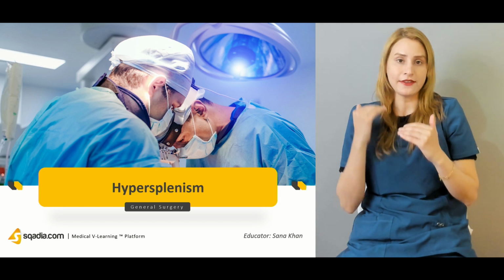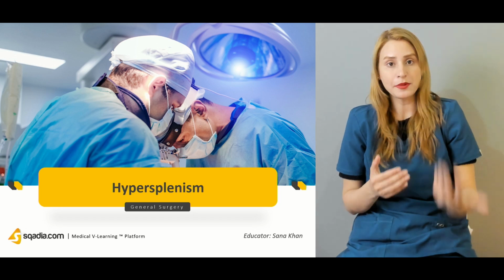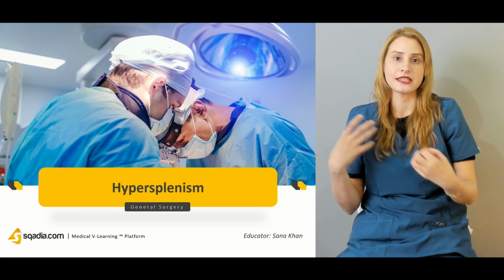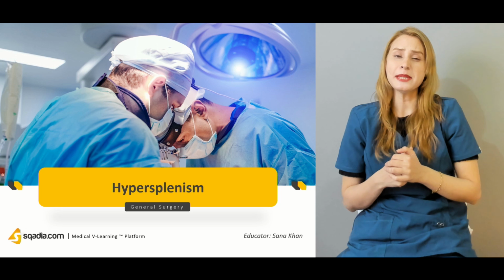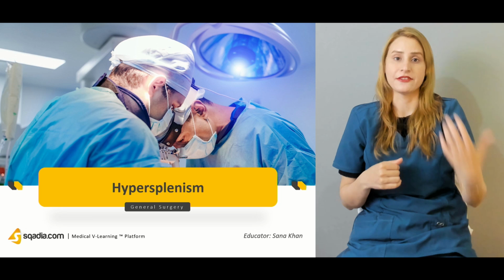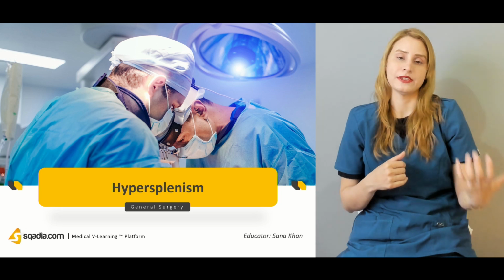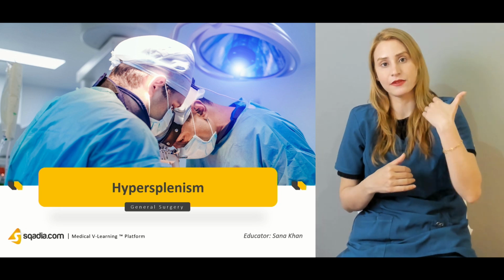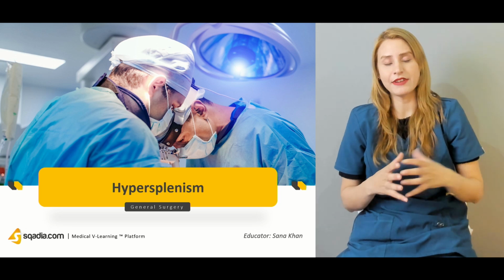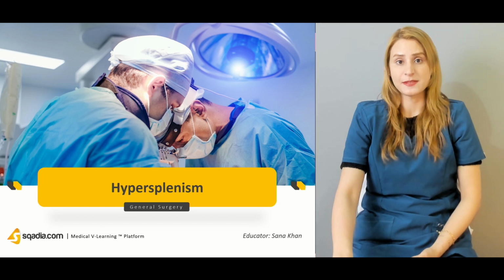So whenever the spleen is not only enlarged but also hyperfunctioning, and the patient also develops symptoms related to the bone marrow, aplasia particularly, with thrombocytopenia, anemia, neutropenia, or a low white blood cell count, and as a result, in some conditions there is a reactive hyperplasia of the bone marrow, then that particular condition is called hypersplenism.